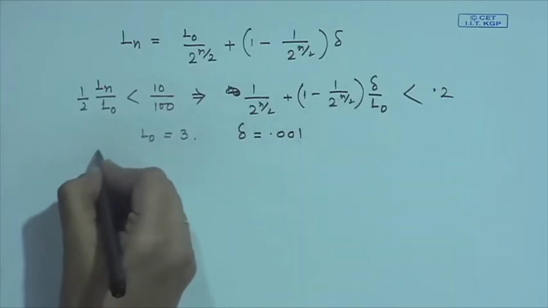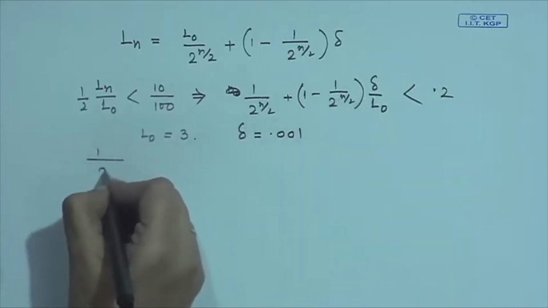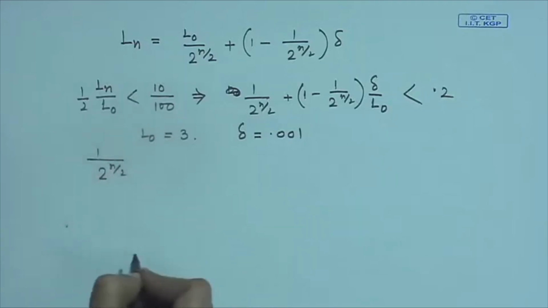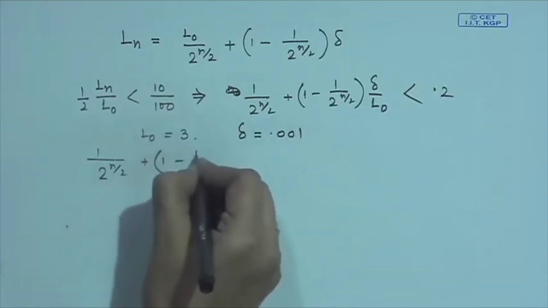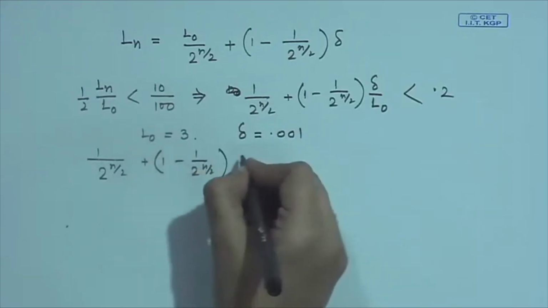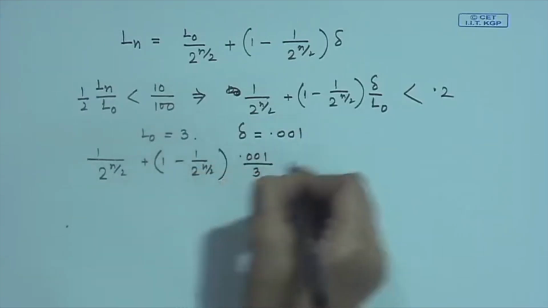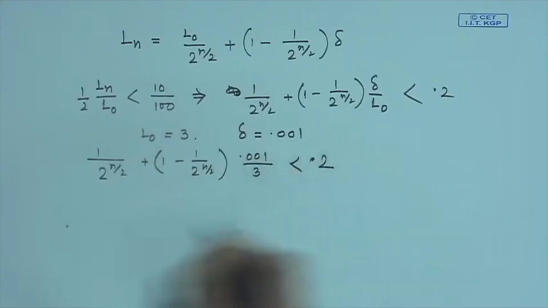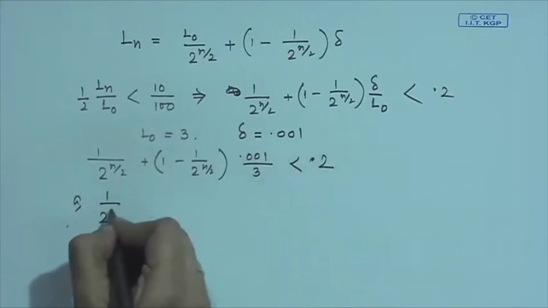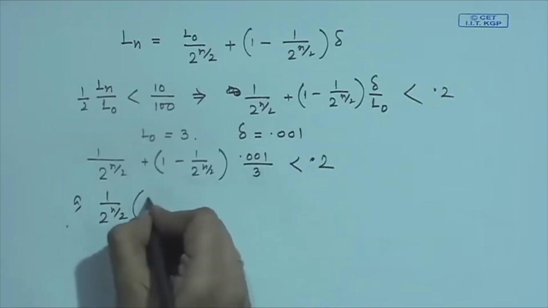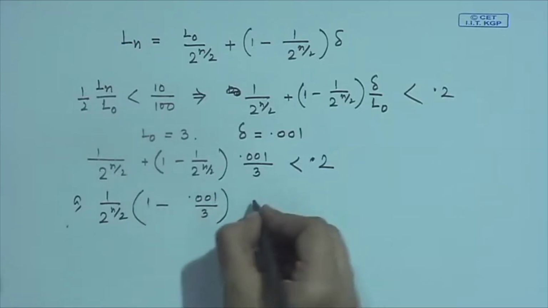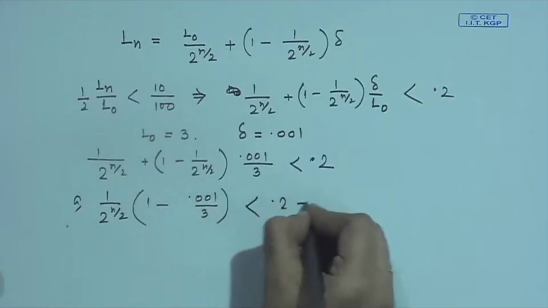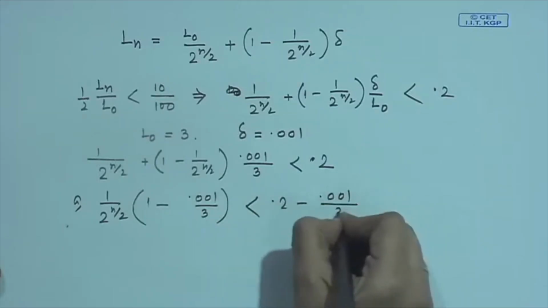That is why if I substitute here, I want to find out how many experiments I have to do beforehand, because I will stop my iteration there itself. Just see, I will put 2 to the power n by 2 plus 1 minus 2 to the power n by 2, 0.001 divided by 3 less than 0.2. Taking 1 by 2 to the power n by 2 common, 1 minus 0.001 by 3 is less than 0.2 minus 0.001 by 3. Am I right?